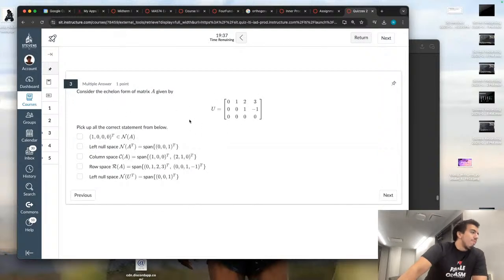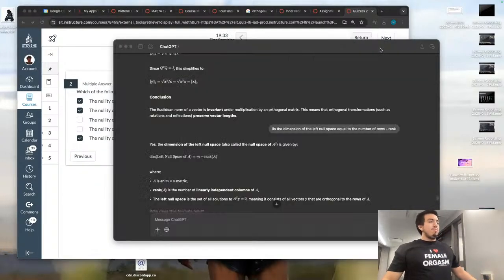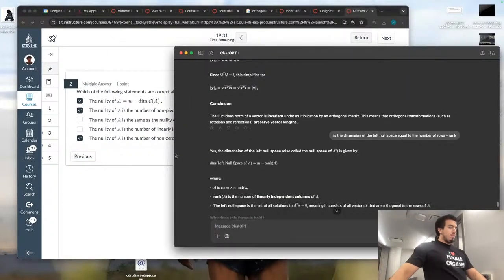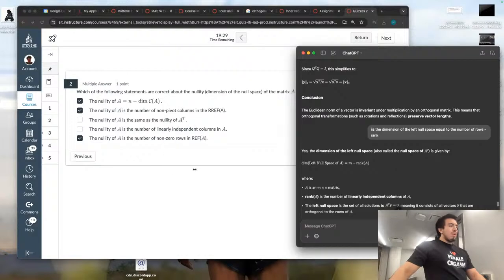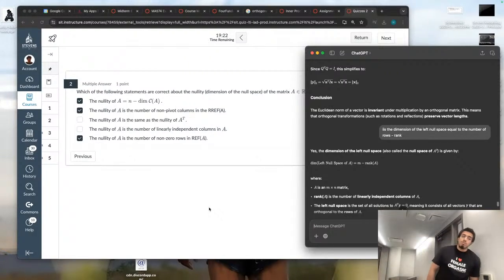Consider the echelon form of the matrix A. In the case that we just saw, the number of non-zero rows is going to be 0.